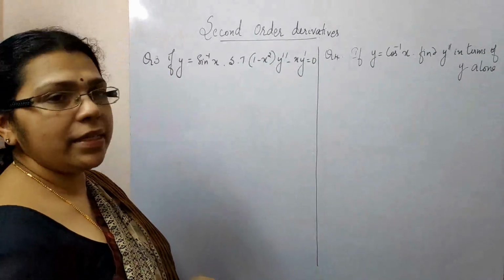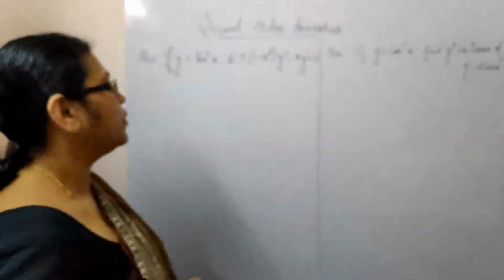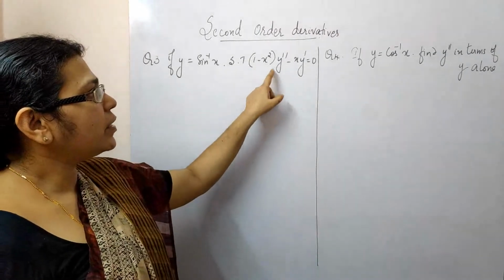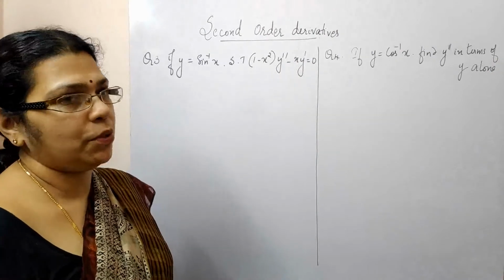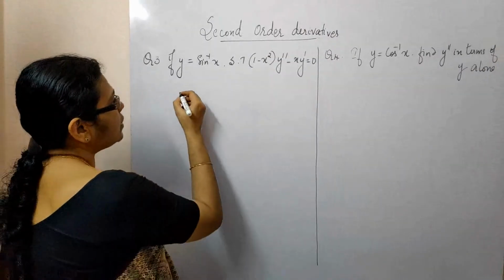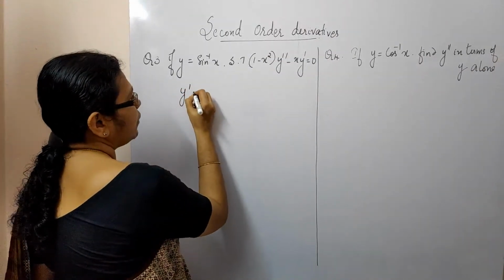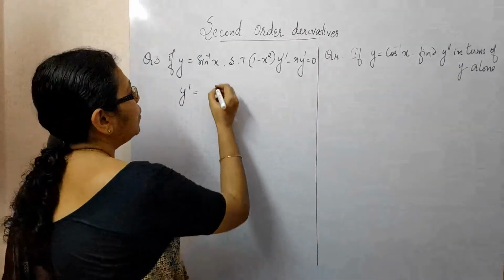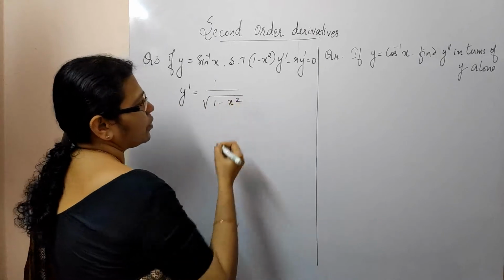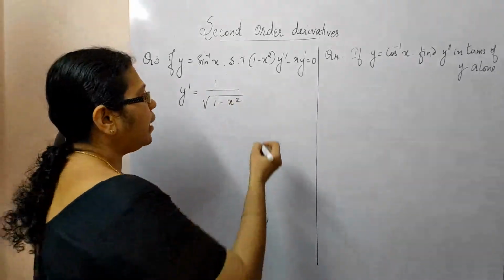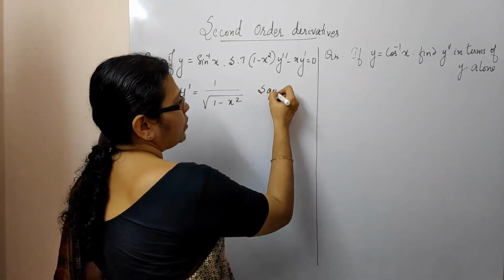Here, y is equal to sin inverse of x. Show that 1 minus x square into y2 dash minus x y dash is equal to 0. So, what is y dash? That is what I need to find first. So, y dash is equal to 1 by root of 1 minus x square. Right? Now, I square both sides.